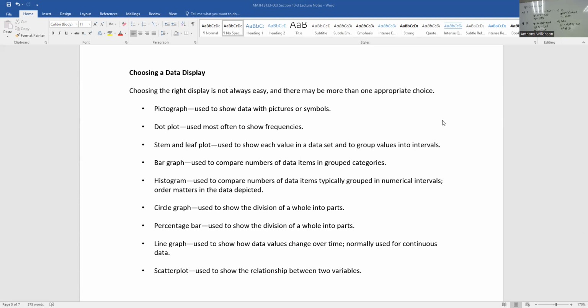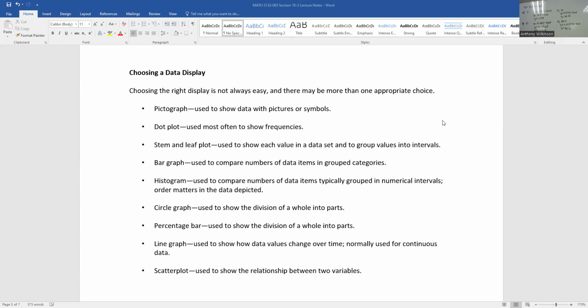Here the order matters. You cannot start the horizontal axis with 70 to 79 and then go to 40 to 49. It has to be in order, 40 to 49, 50 to 59, 60 to 69, and so on.